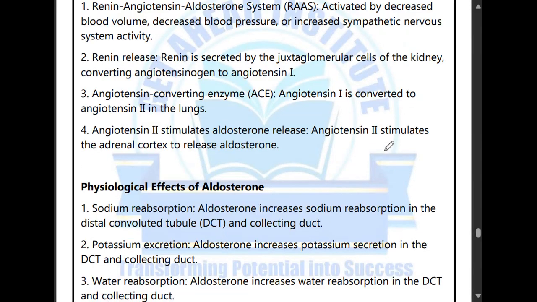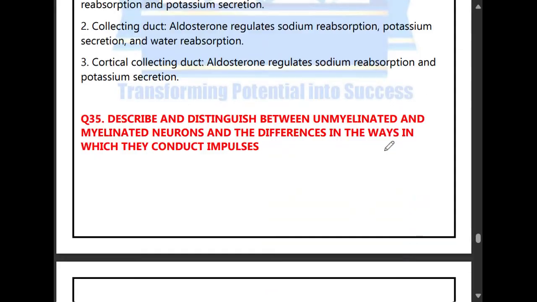Question number 35 says, describe and distinguish between unmyelinated and myelinated neurons, and the differences in the ways through which they conduct impulses. These are basic information that you need to know as long as you've done nerve physiology.